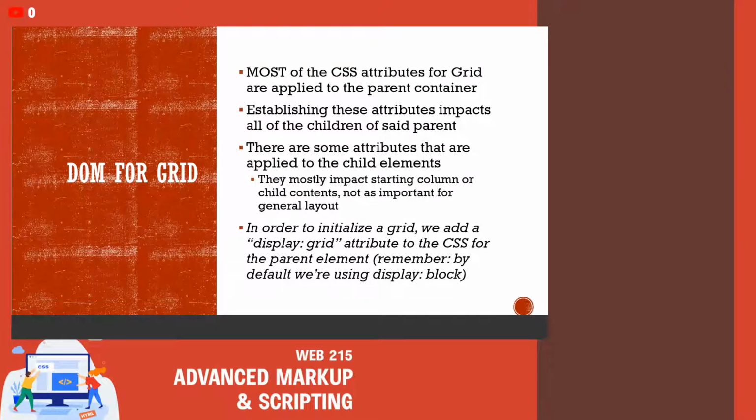Most of the CSS attributes for Grid are applied to the parent container. As we work through our grid example, we'll see that. When we establish these attributes, they will impact all of the children of that container. So in our grid container in our example, we'll put some elements in it. The elements can be all sorts of different things. They can be headings, they can be paragraphs, they can be sections, they can be basically anything.